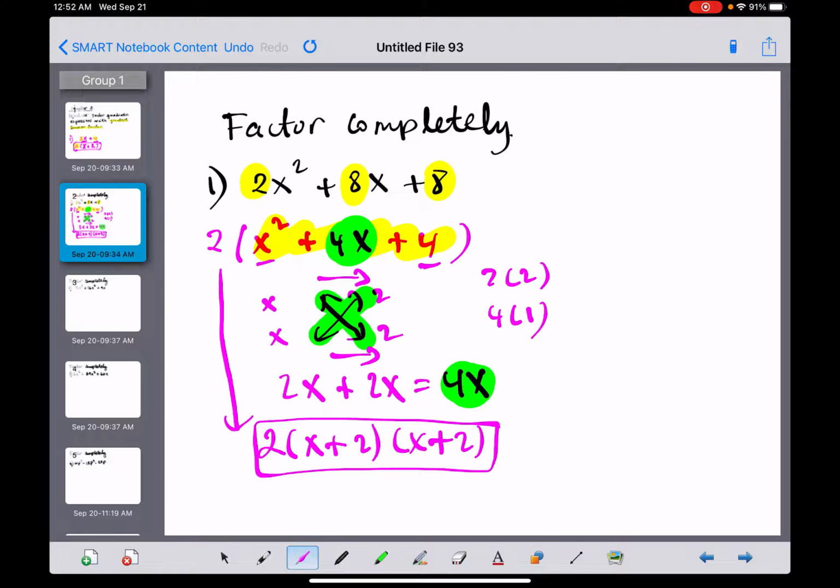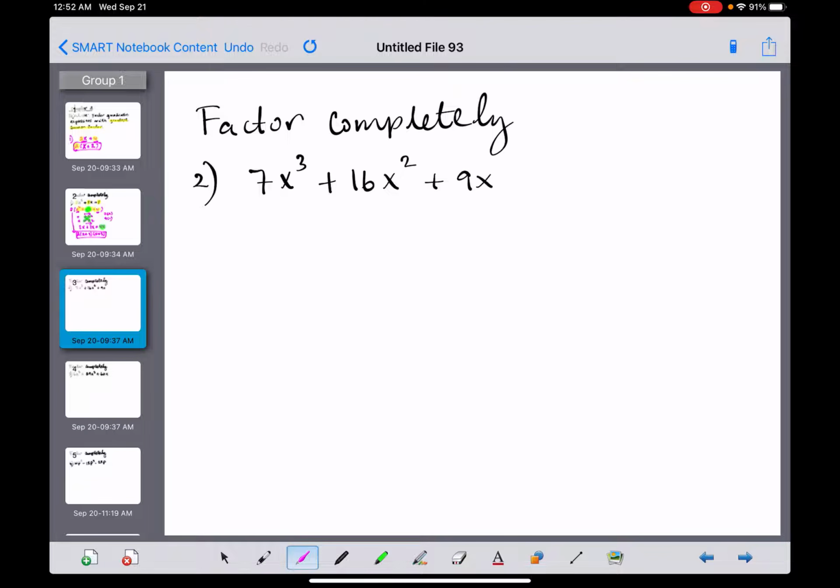Now let's move on to number 2. Number 2, if you look at 7, 16, and 9, they don't have any number in common, so we can't factor a number out. But if you look at the variables, we have x cubed, x squared, and x. Notice we have an x in common, okay? One x in common, so we take it out.